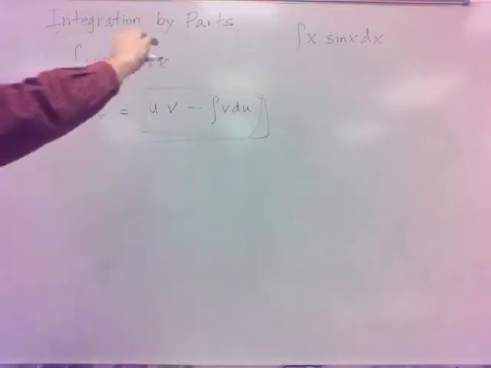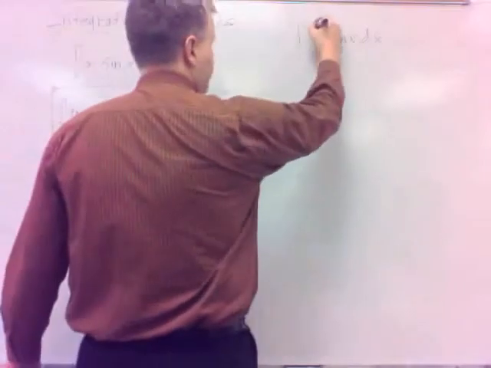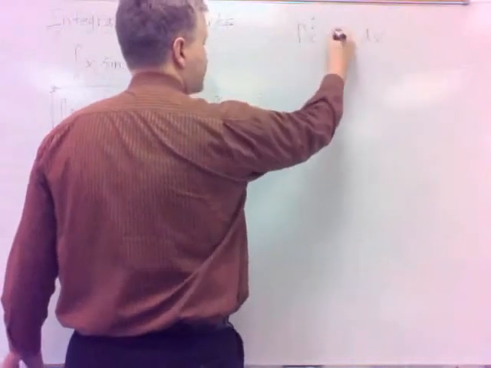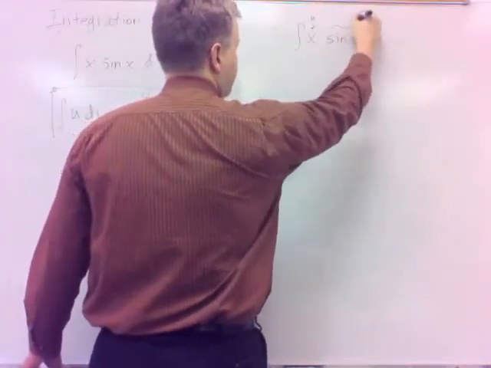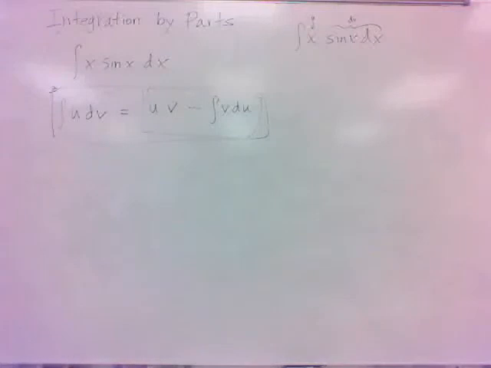And the idea is, again, to get the v du stuff to be a better integral. Well, it just so happens this is set up just like I want it, because I'm going to let u be the x, and then the rest of it is dv. And so dv is not going to be just dx. Usually dv is going to have some other part to it. Okay?